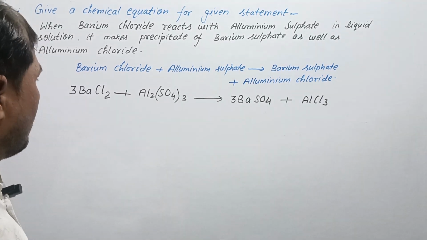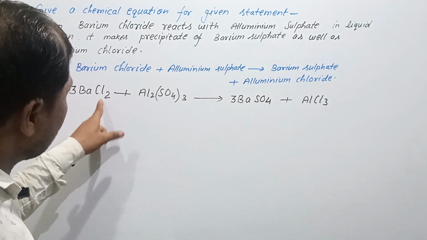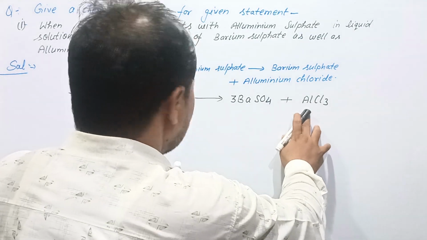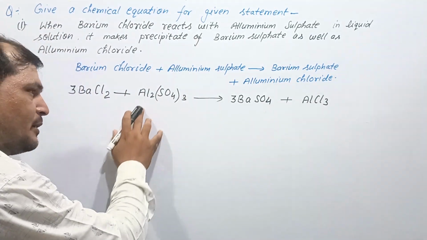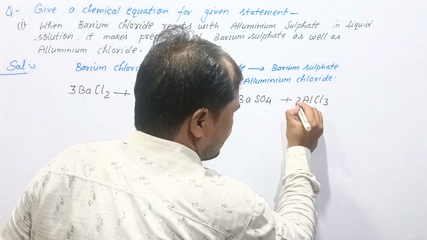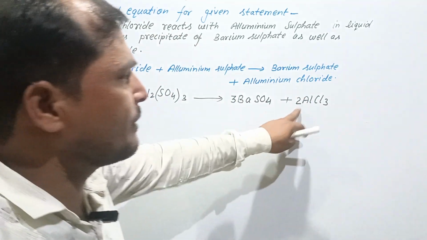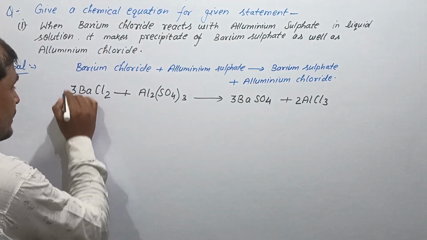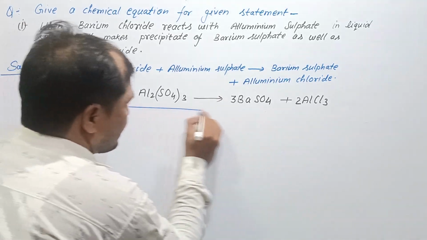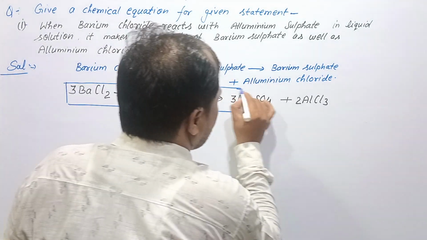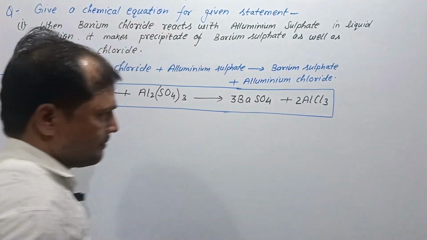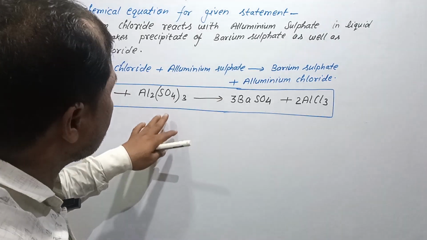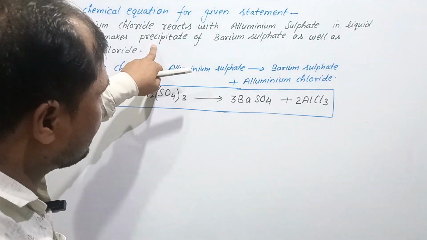But now we need to balance chlorine and aluminum. Here on this side aluminum is only 1, and on this side aluminum is 2. Now multiply by 2. We get 2 aluminum, and 2 times 3 is 6 chlorine. Hence this chemical equation is the correct answer of the given statement.